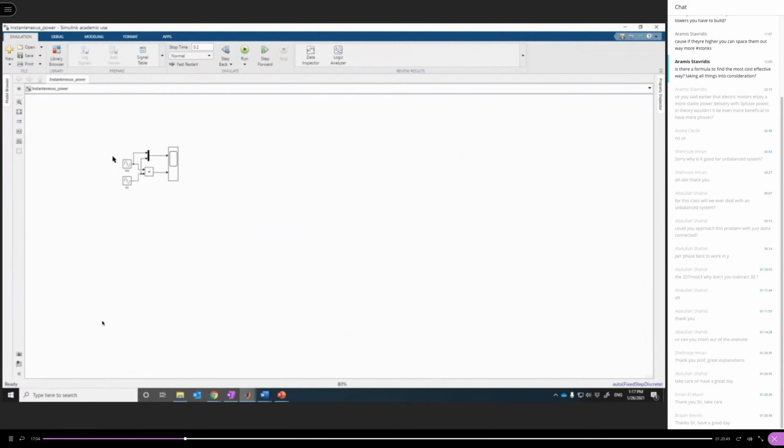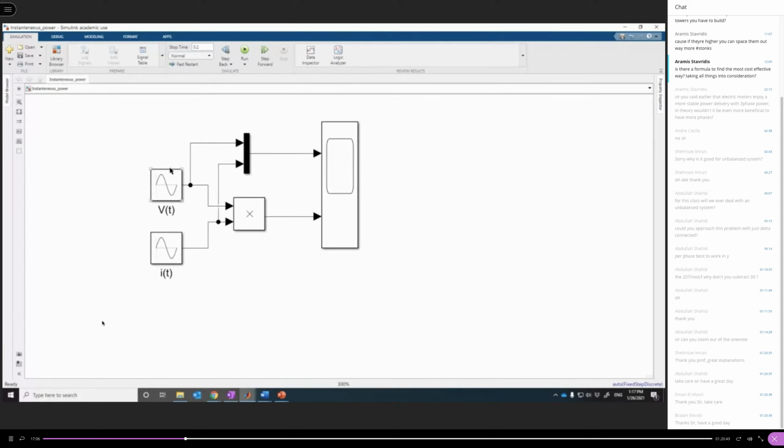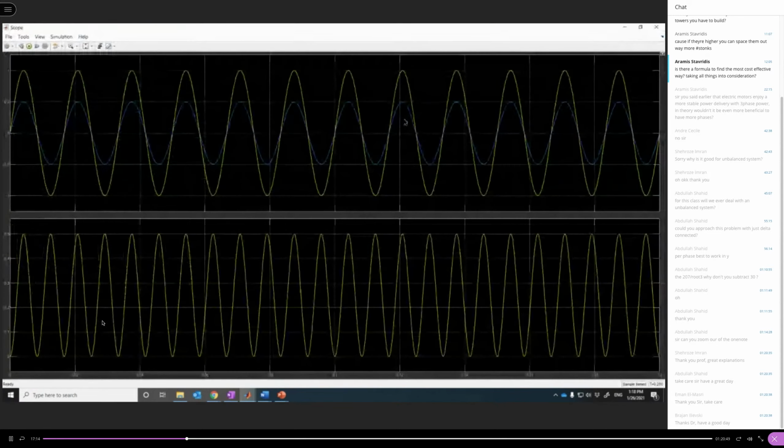We have voltage and current, single-phase voltage and single-phase current, and when we multiply the voltage by the current, this is what we get, if you remember from last week. If the current is in phase with the voltage, we get this single-phase power. The single-phase power is pulsating. It is not constant. We calculated the average power and named it the active power.